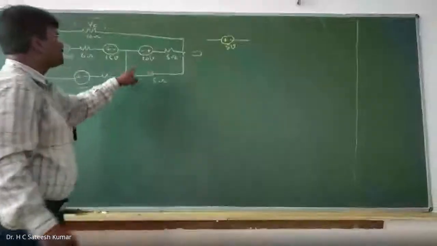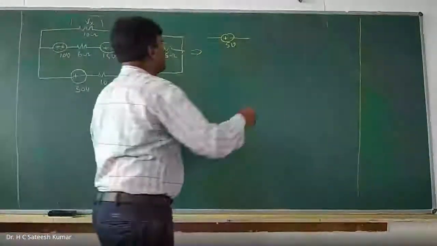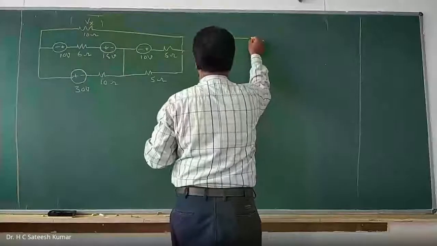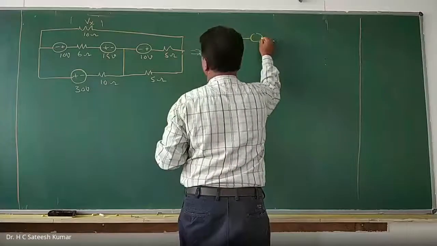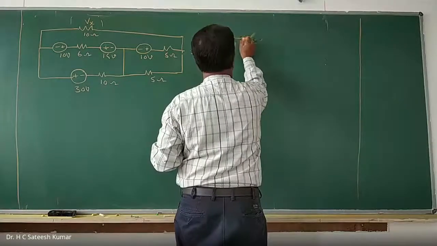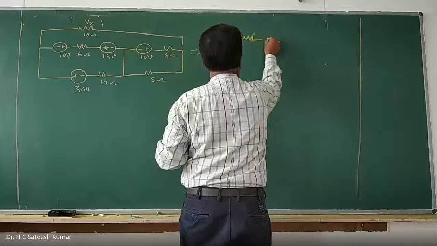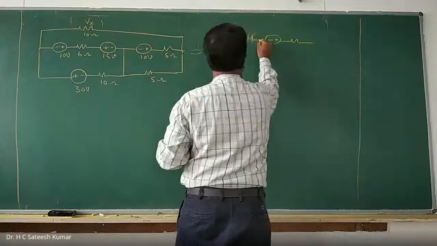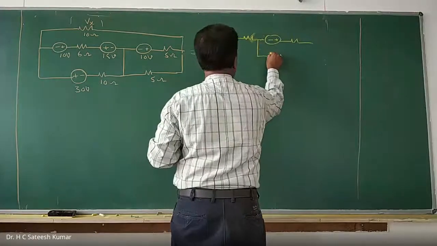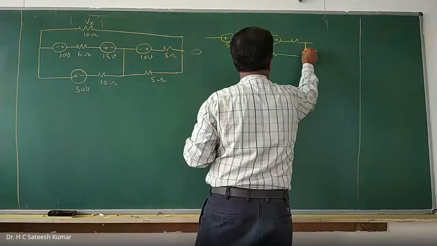And next, this one I'll retain as it is, or you can convert it if you want. Otherwise, you can go for the next step also. Retain this one, and this resistance, you write it as it is. The voltage source minus, plus, and resistance. This resistance, you keep it as it is.